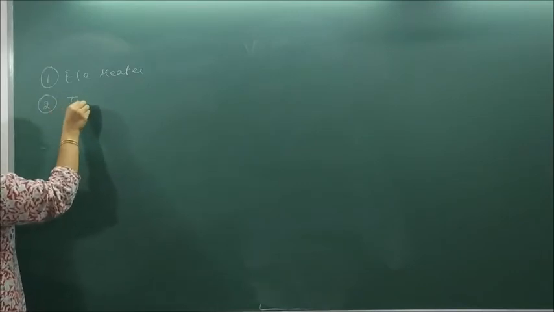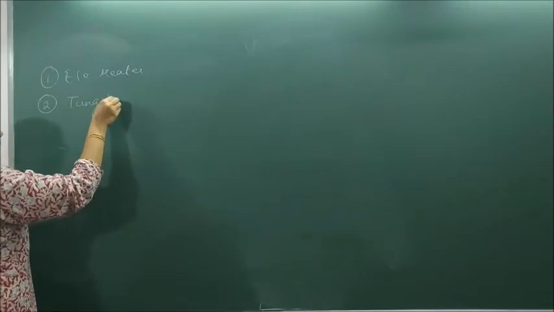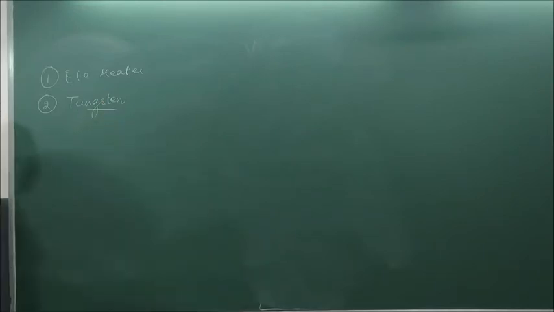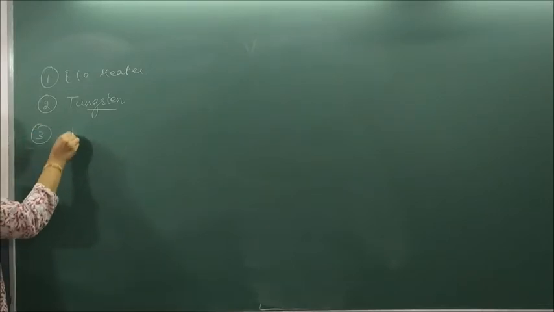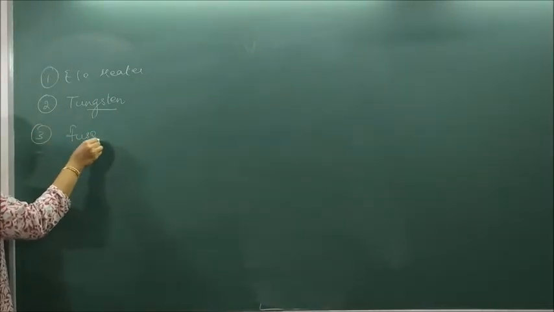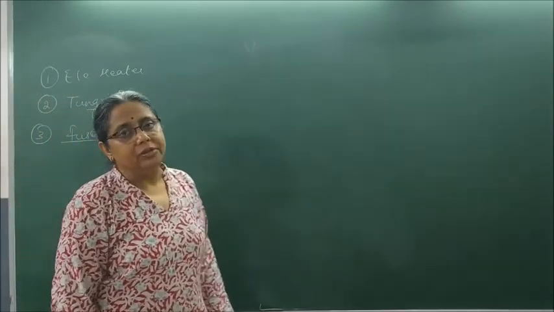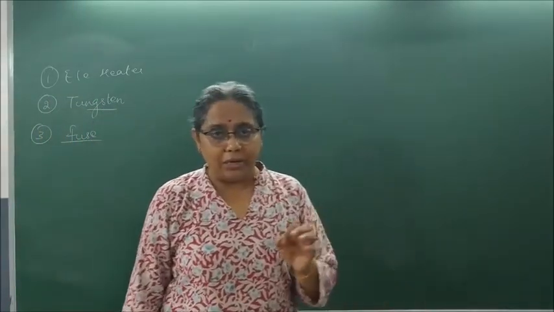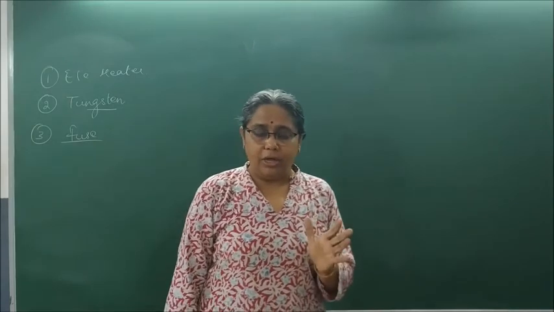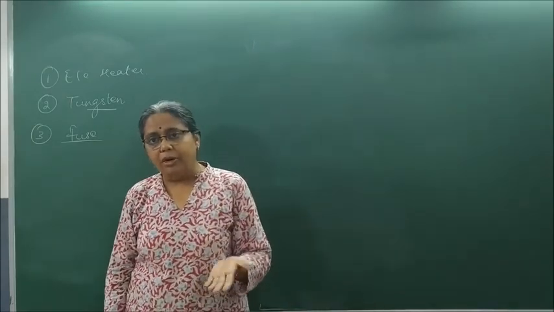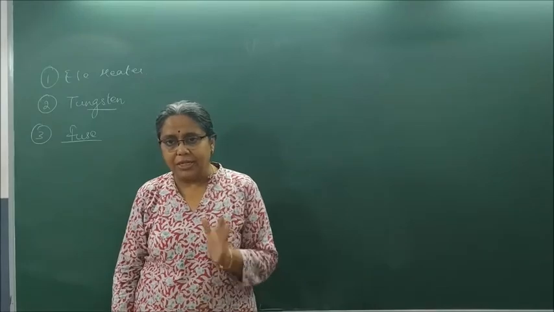Second, tungsten filament is used in electric bulbs because in the filament a part of heat energy is converted into light energy and hence the bulb glows. Third part is the electric fuse. Fuse is a safety device which is always connected in series and is made up of a wire of a metal or an alloy. The metal can be copper, aluminium, lead.